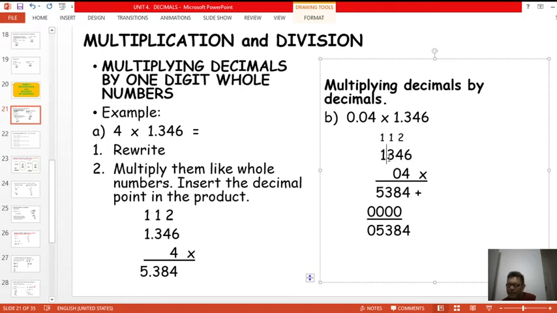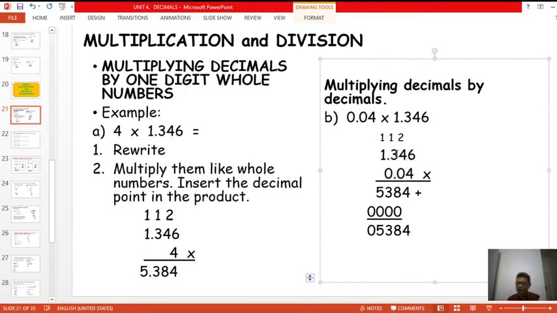That's the original number, with the 0 there. Put it back now. After you get the product, you have to put it back, and now you have to count how many decimal places. We have 1, 2, 3, 4, 5.